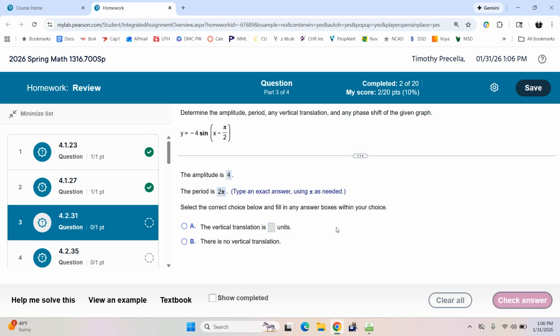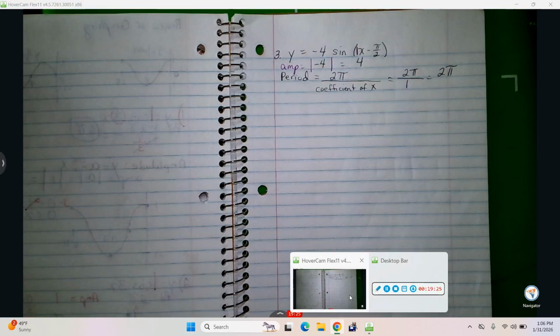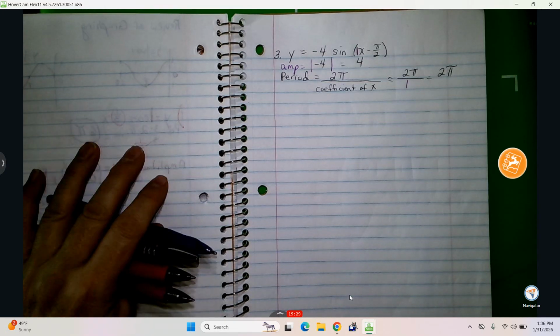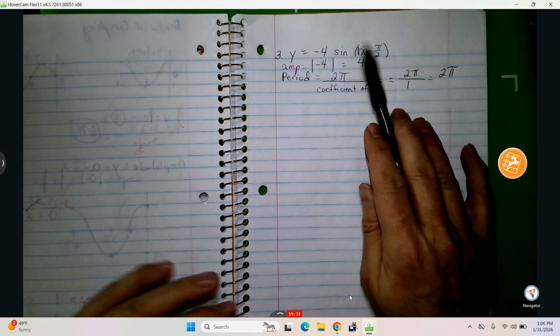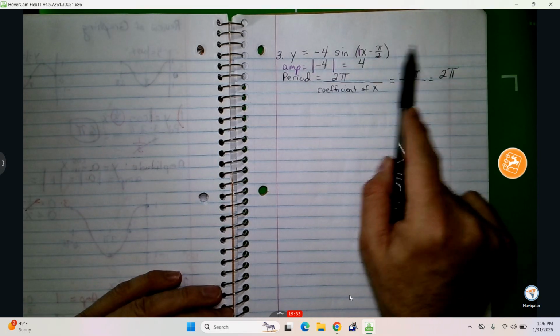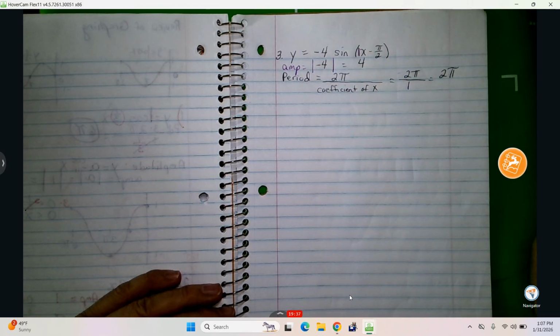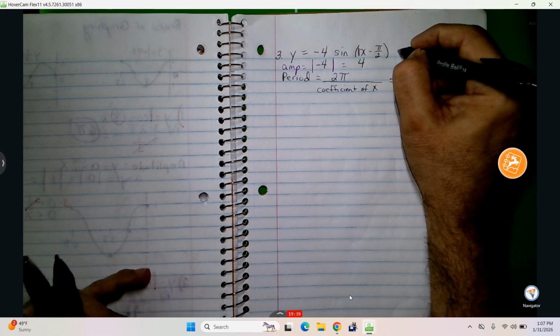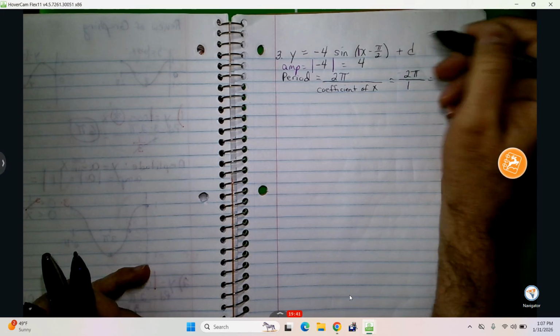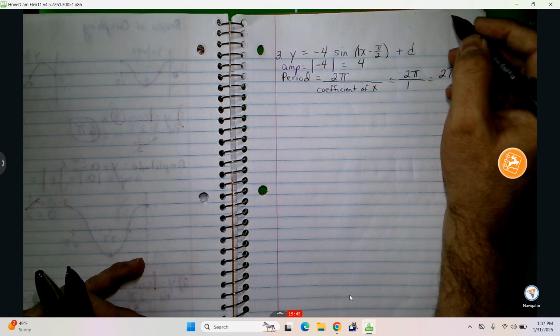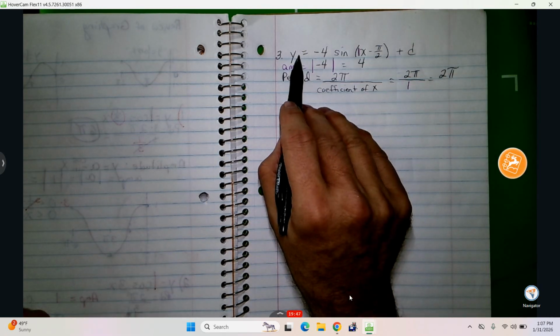Now, for a vertical translation, that's up and down. In order to have a vertical translation, there needs to be a number either added to this function or subtracted. It could be written right here at the end, like if it is a +7, or it might be in the front.